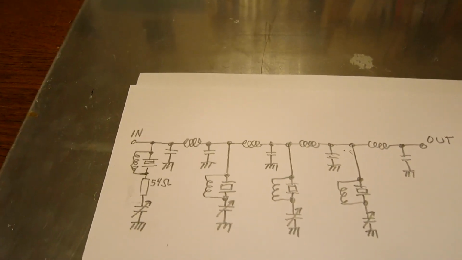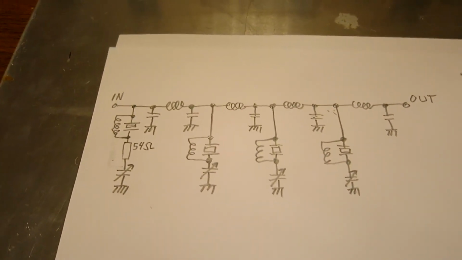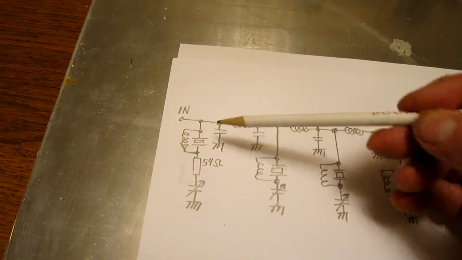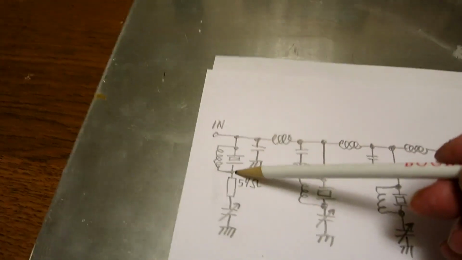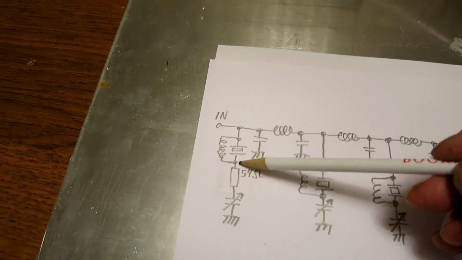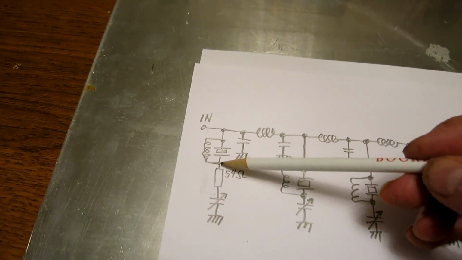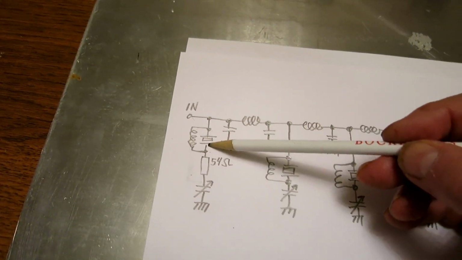This is the schematic diagram of the 10 MHz notch filter. Input here, then there is the crystal, which has a very low impedance on 10 MHz because it's several crystals in parallel.